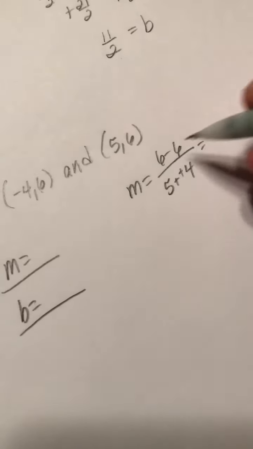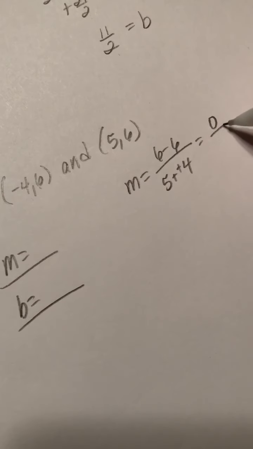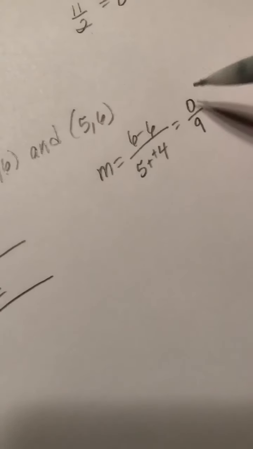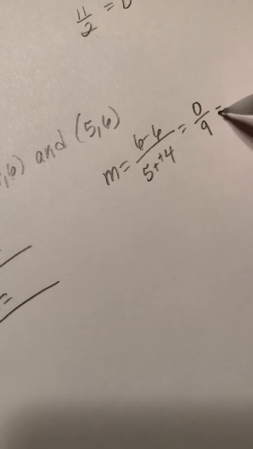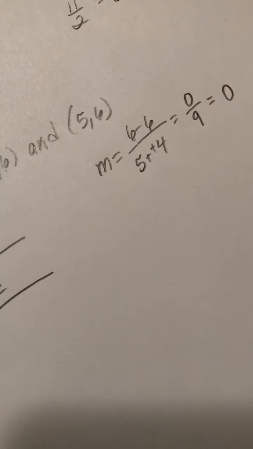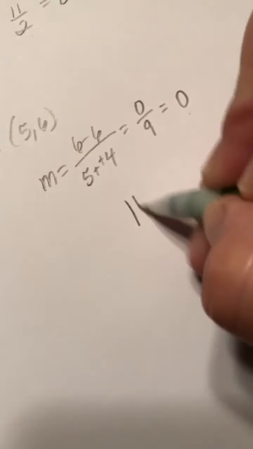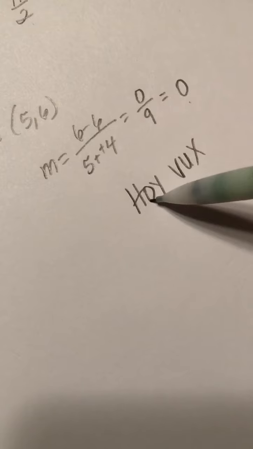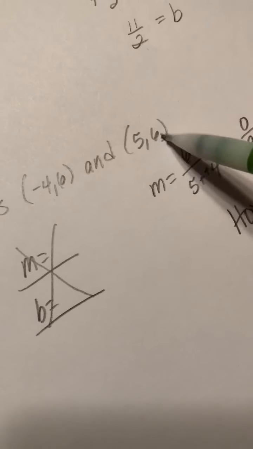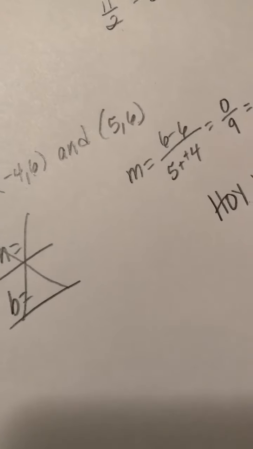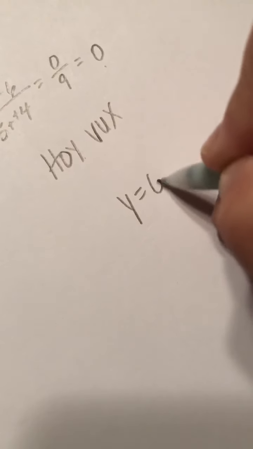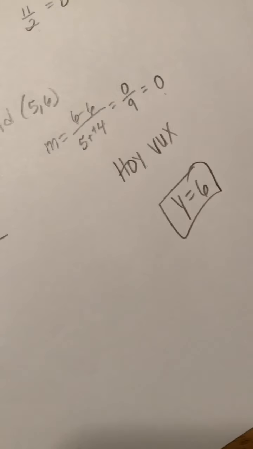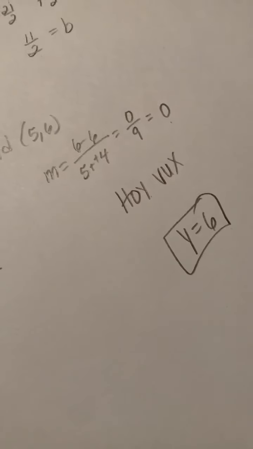On top, 6 minus 6 is 0. Well, 0 divided by anything, we learned last chapter, is 0. Well, remember, if slope is 0 or undefined, I'm not going to do the M and the B part. We're going to refer to our acronym. Slope is 0, which means it's y, and y equals 6 for both ordered pairs, so that is our answer. Y equals 6, and we are done.